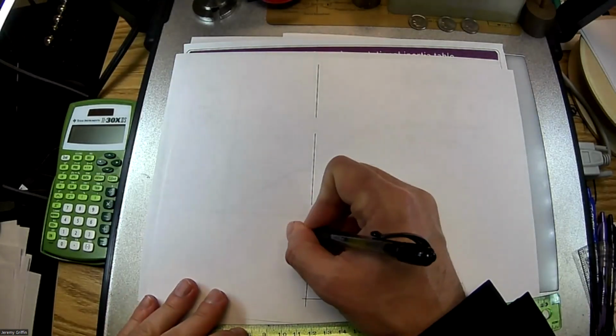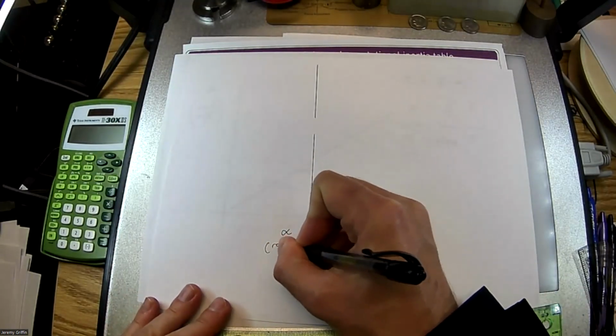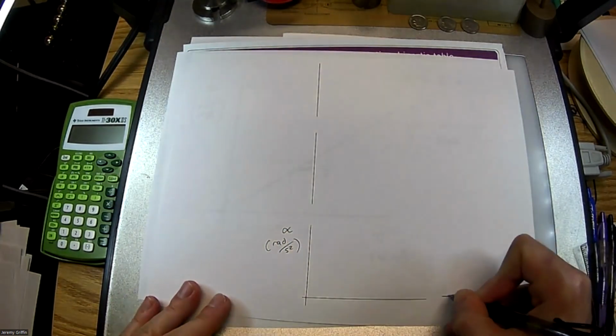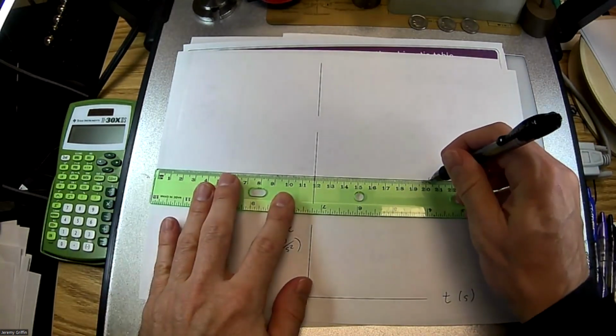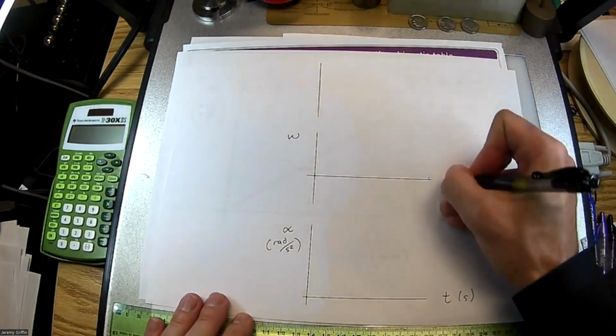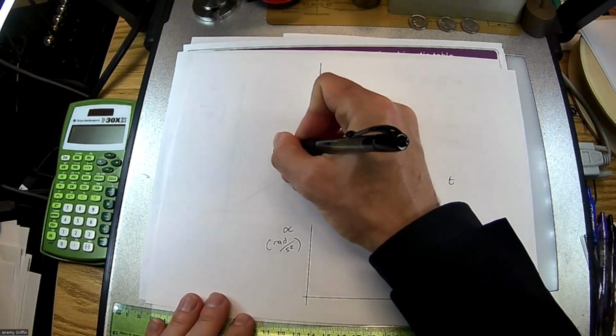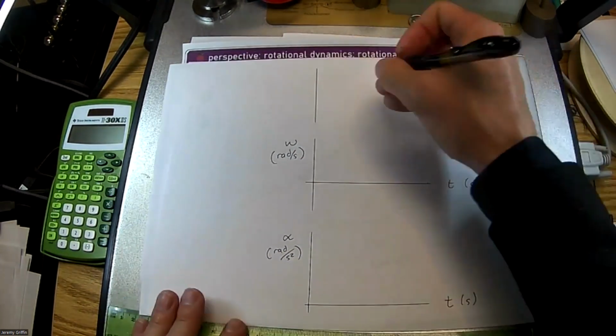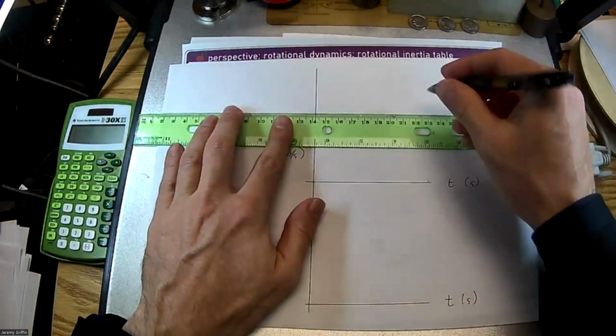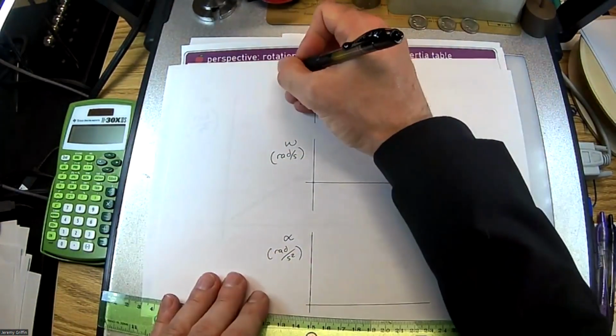So I've got angular acceleration in radians per second squared as a function of time in seconds. Let's do omega versus t. So that could be angular velocity in radians per second as a function of time in seconds. And let's also do theta versus t.